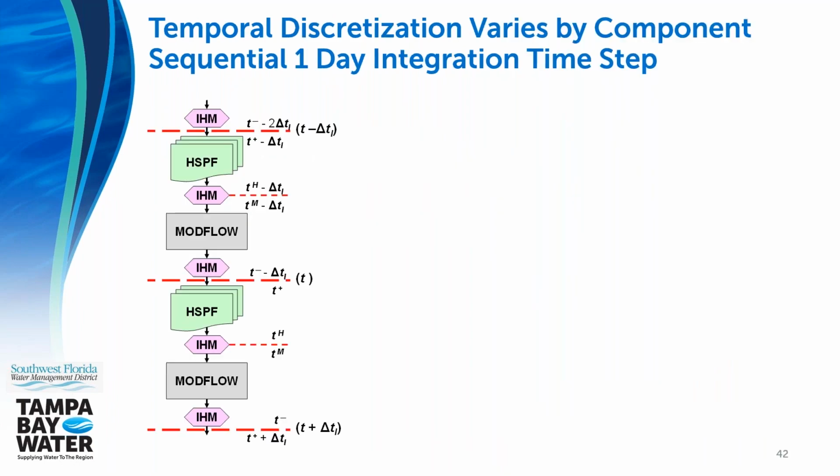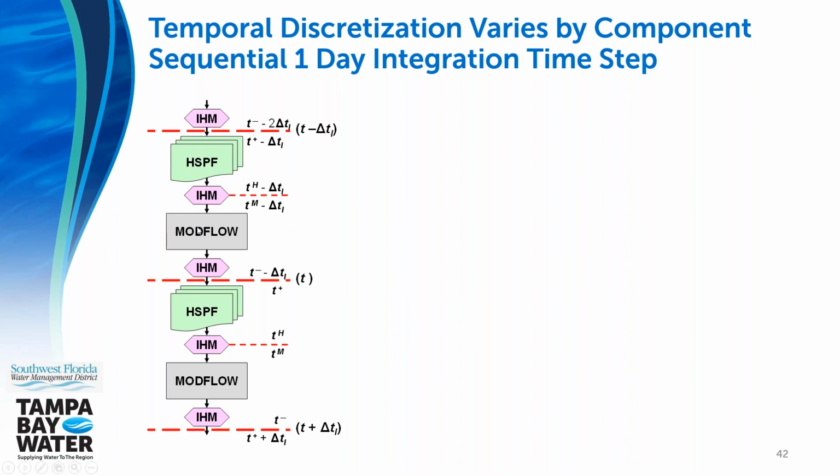Talk a little bit about temporal discretization. The IHM, and therefore the INTB model, uses a sequential one-day integration time step. Within each day, HSPF simulates all upland and water body processes first. IHM takes output from HSPF and reconfigures that as input to MODFLOW, so that there's this dynamic change in how the groundwater system is affected by what is happening in the surface hydrology.